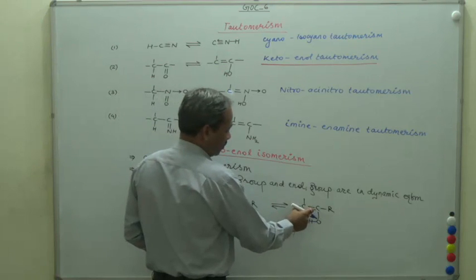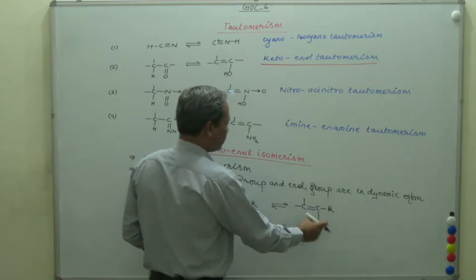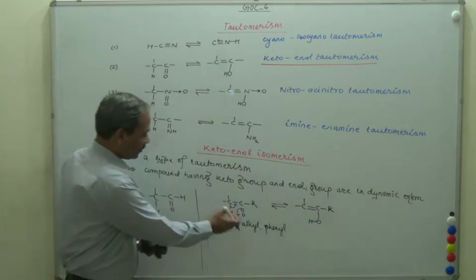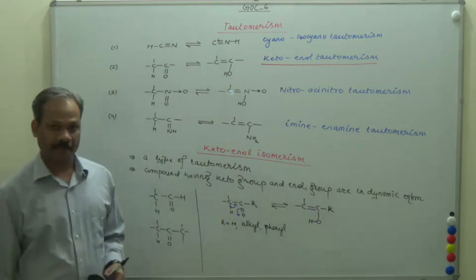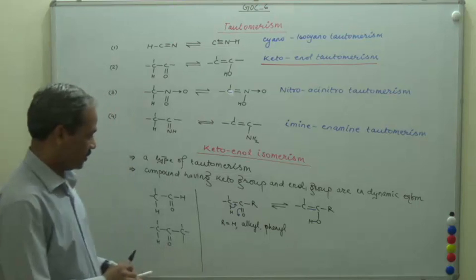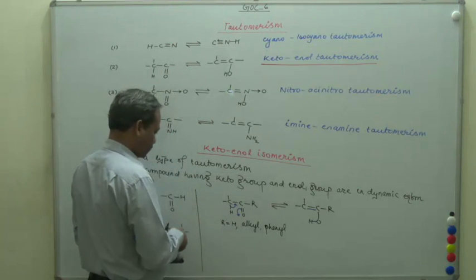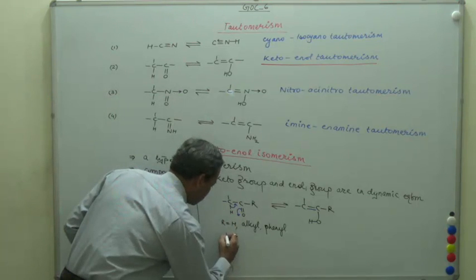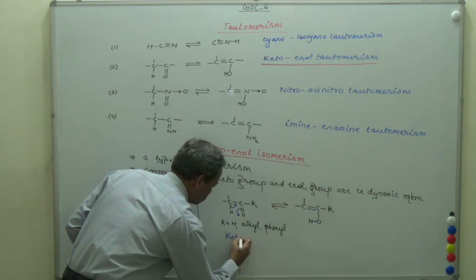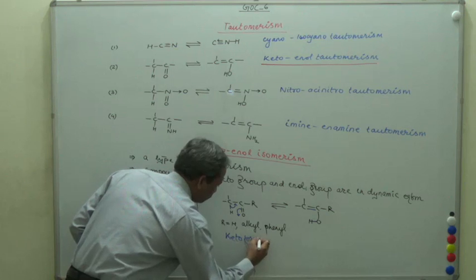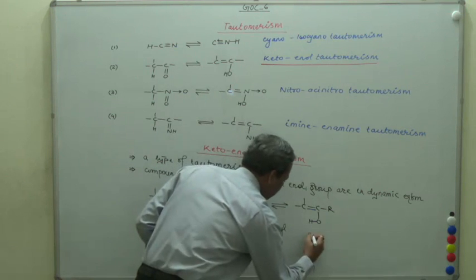So a bond formed between carbon and carbon and oxygen and hydrogen, because hydrogen is shifting between carbon and oxygen. So this is the keto form. And this is enol form.